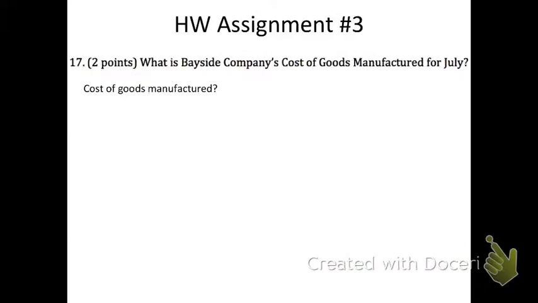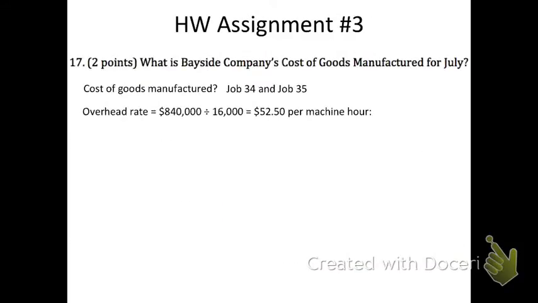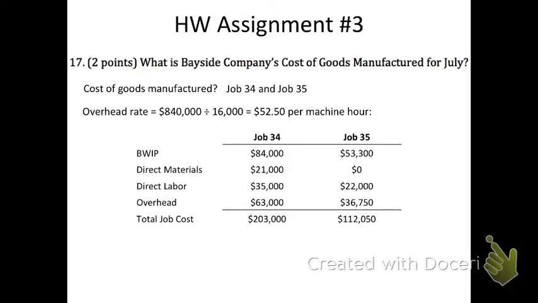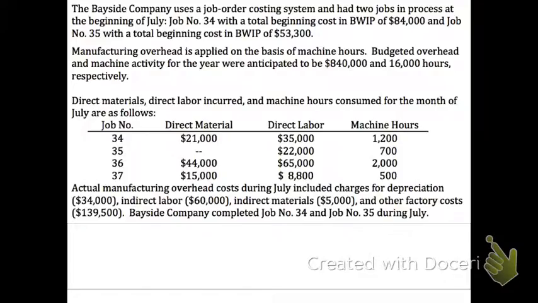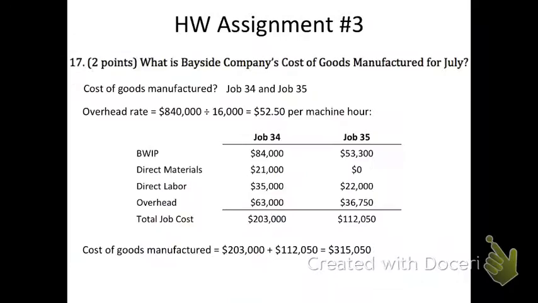So if you look at where we have our overhead rate and what cost of goods manufactured is, you can see here, just by adding up job 34 and 35, and again, this overhead is based on the number of hours they're using times this overhead rate. And so cost of goods manufactured in this case is $315.50. Again, just adding up the jobs that were finished.